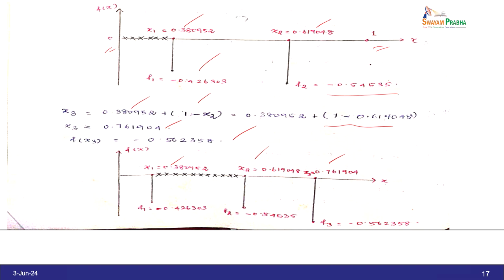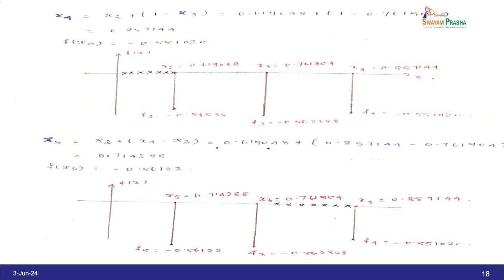Therefore, f3 is lesser than f2, which is lesser than f1. Now, you take the interval between x2 to x3. So, x4 equal to x2 plus 1 minus x3, and then x2 value known, x3 value known, substitute it, therefore, x4 will be obtained.